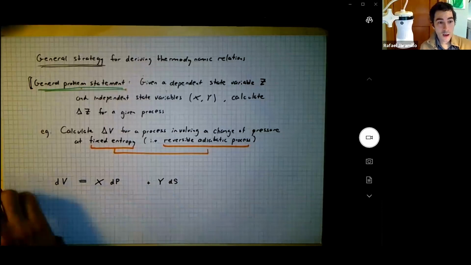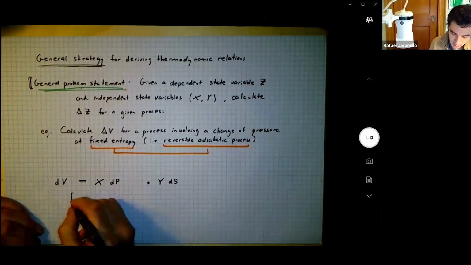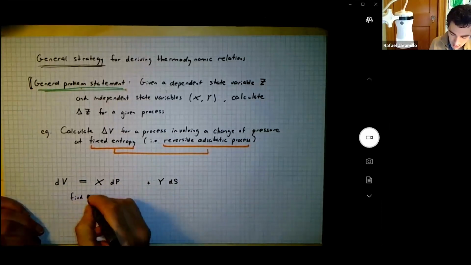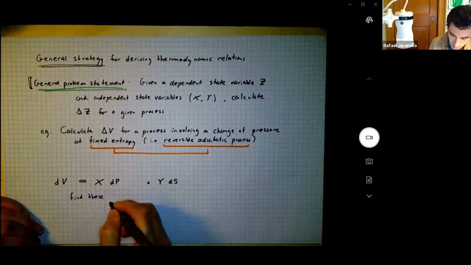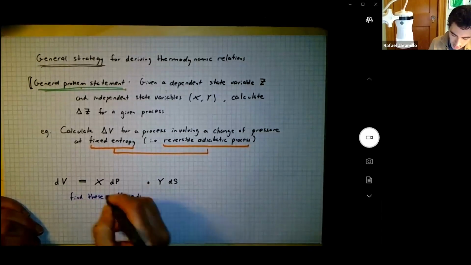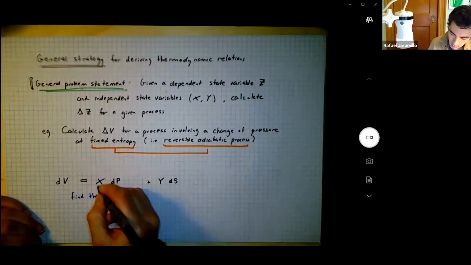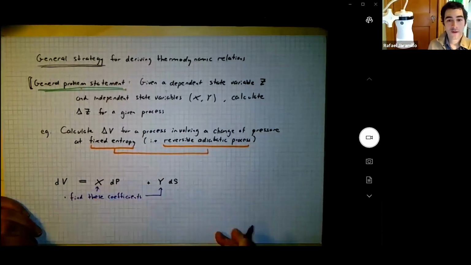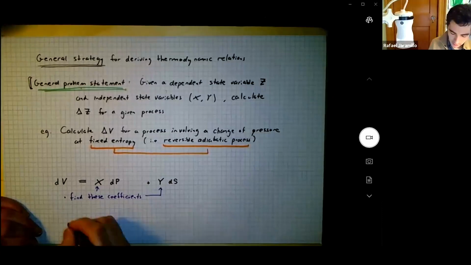And our job is to find those coefficients and then integrate.